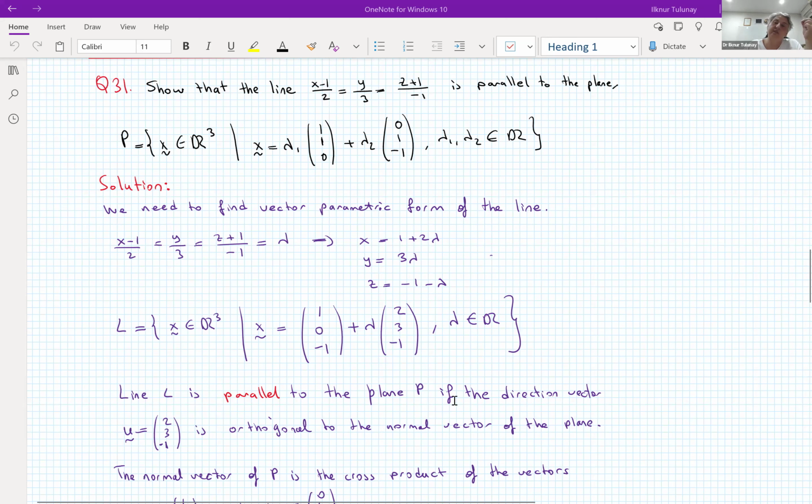So we need to define that, because for two parallel lines it is obvious what the definition is. But for a line to be parallel to a plane, you need a particular definition for this concept, because a plane is a two-dimensional object in three-dimensional space, and a line is a one-dimensional object, with one parameter.